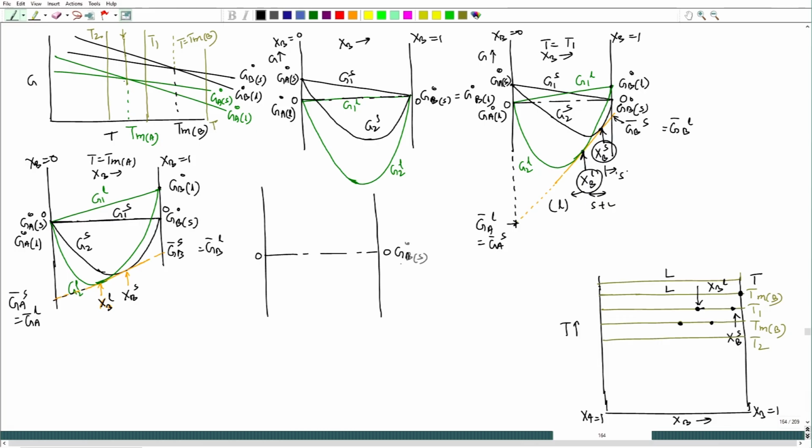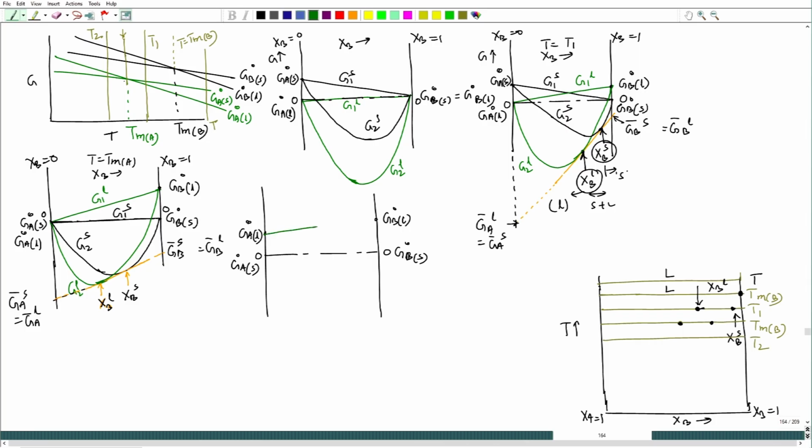This is G naught B solid, this is G naught A solid, those will be 0 values, this would be G A naught liquid, this would be G B naught liquid. Okay. At T equal to T 2, the temperature is below T m A as well as T m B, hence both solid A and solid B will be stable. So, that is what those free energies values are taken as 0.